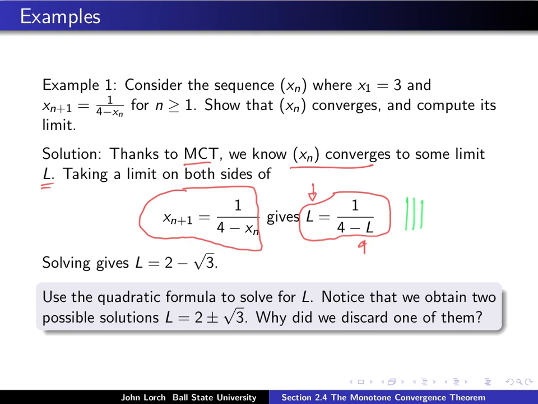And this question down here in the box asks you, well, in the quadratic formula, you get a pair of solutions. How did we choose one of those pair in order to be our limit? So I would like you to think about that.